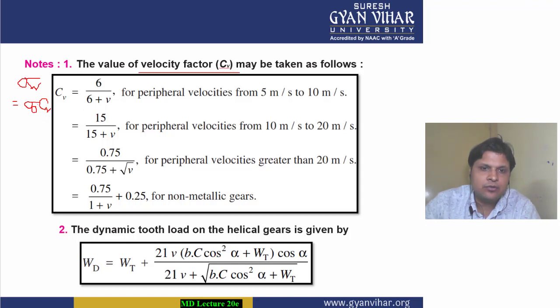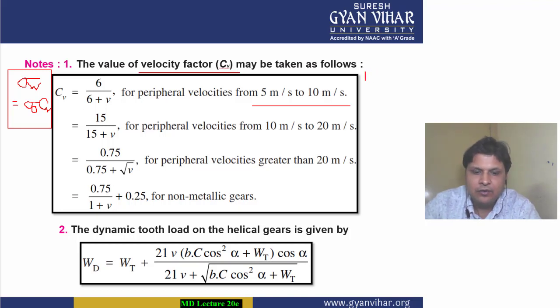So this velocity factor can be calculated if we first of all have the value of peripheral velocity. Peripheral velocity, which we have calculated, if in the question it is given, then it's okay. If peripheral velocity value is not given in the question, then you can calculate it by the formula pi d n by 60.